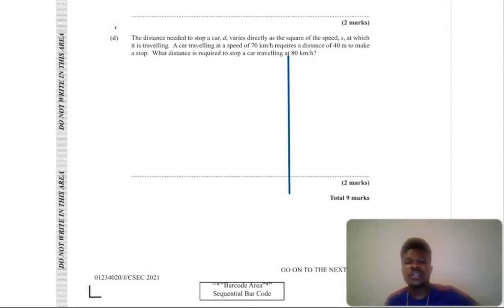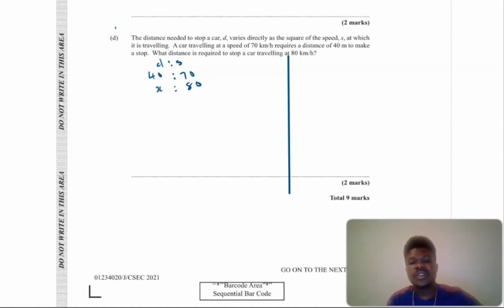And we can also use the equation way to solve it. The equation is going to take a little longer. The ratio will be quicker. So the ratio is d to s, directly proportional. So we can say d to s: when the distance is 40, the speed is 70, and when we don't know the distance, so let's say x, for example, the speed is 80.